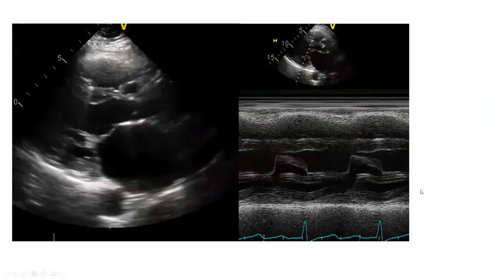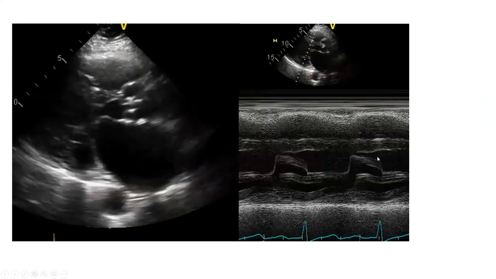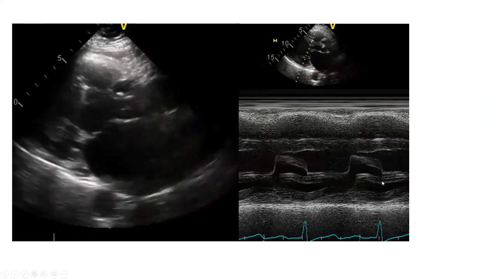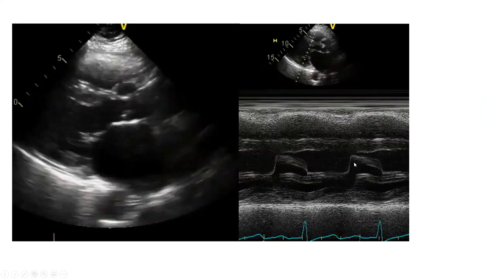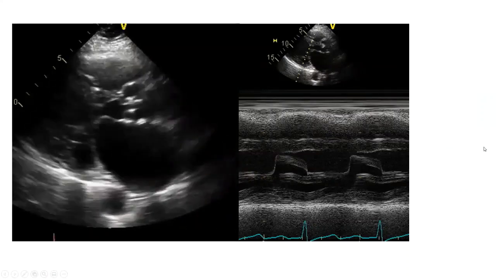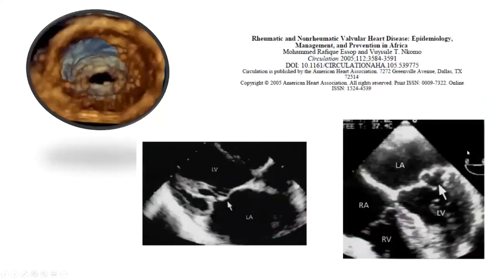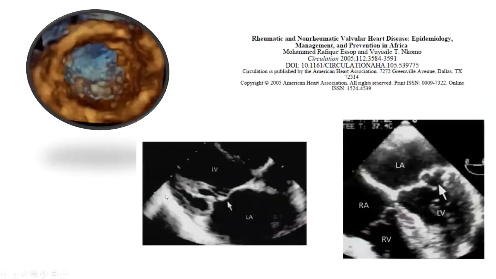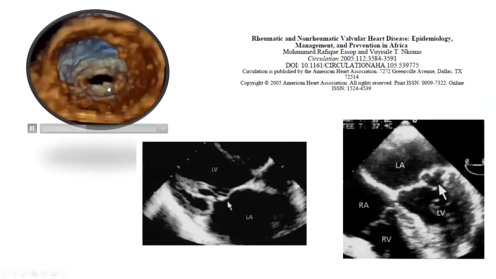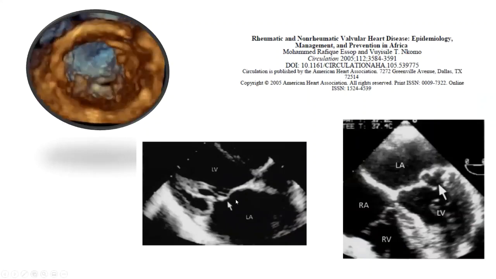I'm going to show you a couple of examples. When you see this kind of square or rectangular pattern, I guess I should say, with the leaflets riding up together, this is what one sees with rheumatic mitral valve disease. I would add parenthetically, here's a nice 3D of a rheumatic mitral valve in our lab.